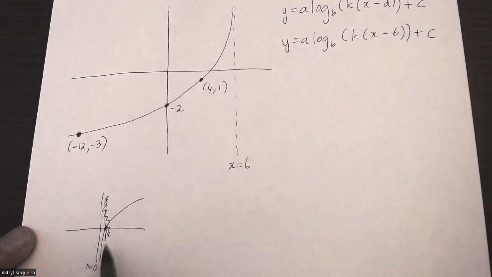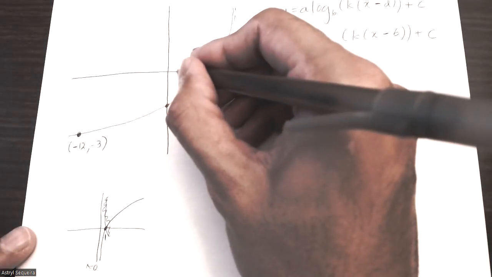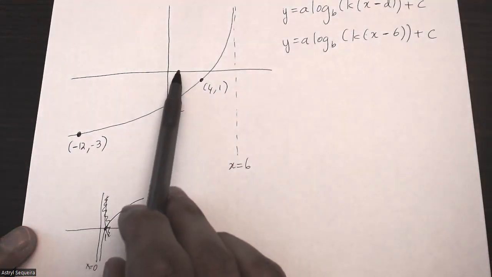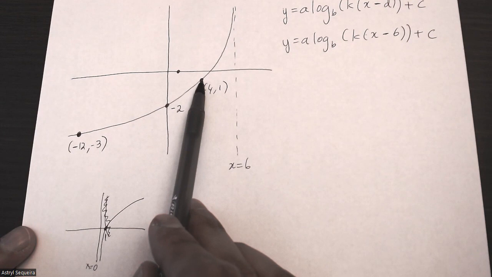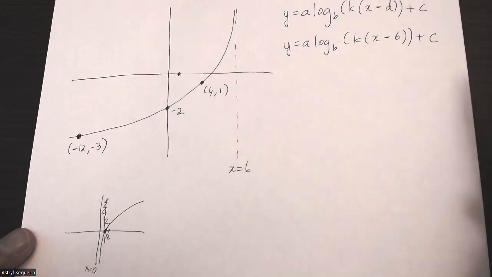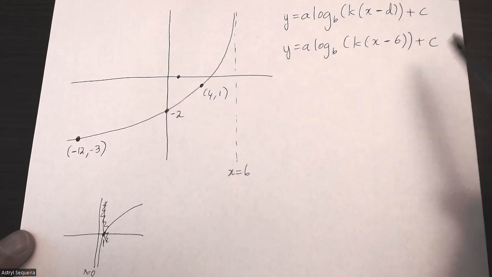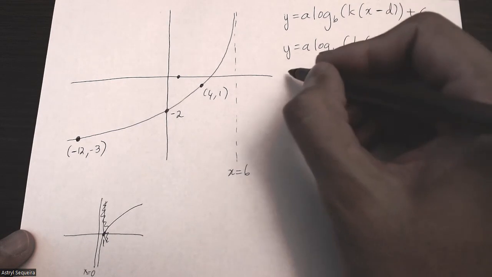So to figure out how this function has transformed from here, my point was normally over here. Now this first point has transformed over here, which means it has moved down 1 unit, which means my c value is just negative 1 because of the vertical translation down by 1 unit.